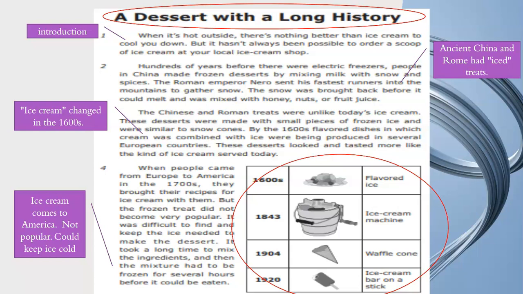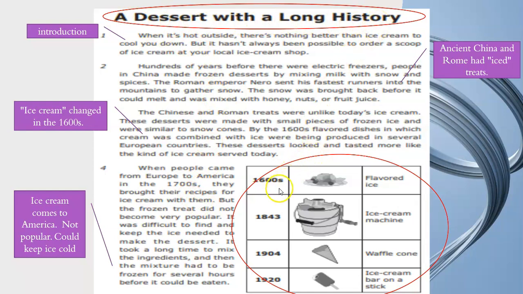And then there is a picture of people making ice cream, probably back in like the 1940s or 50s in this ice cream machine. However, which one best supports the title, a dessert with a long history?